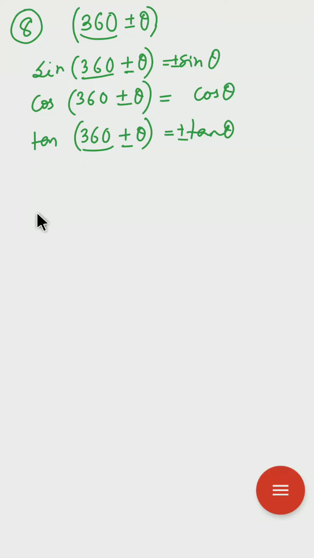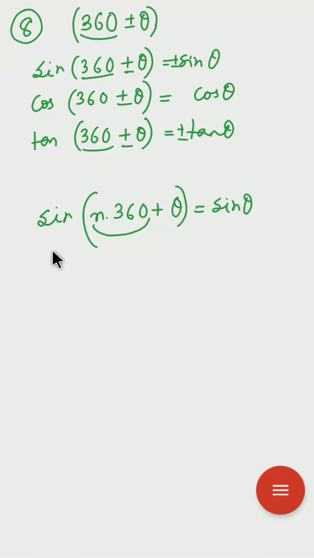Now let's discuss if the angle can be written as a multiple of 360 degrees and a little bit more, where n is an integer, positive, negative, and of course it can be 0. N is an integer. So as before, this whole multiple of 360 degree can be nullified, and this can be considered as sine of theta, just sine of theta.